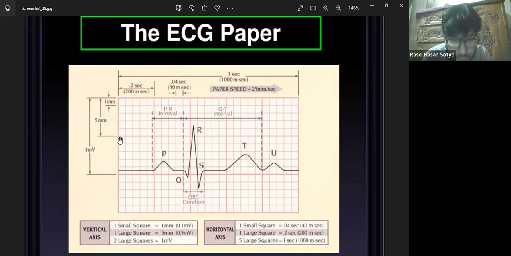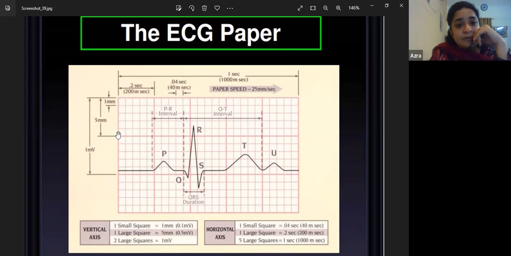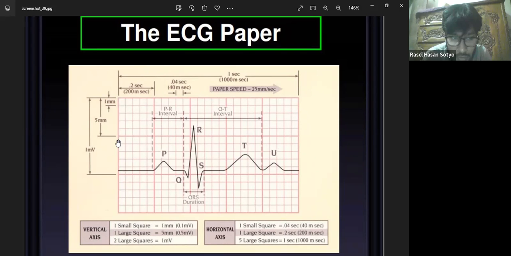And the vertical axis shows the voltage, volts.